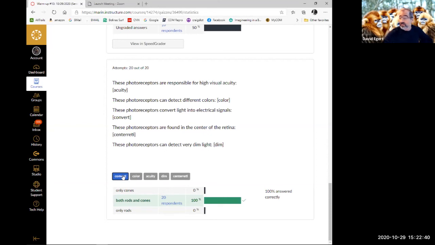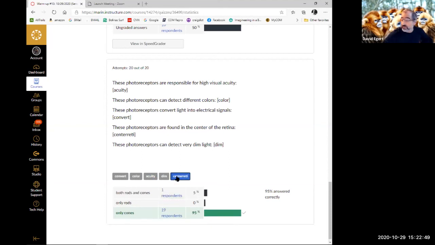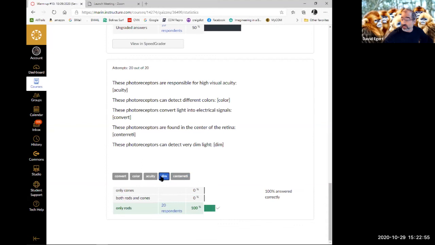Convert light into electrical signals. That's both of them. They're both phototransducers. Center of the retina, that's the cones. The rods are on the periphery. And finally, this is the one everybody got. Only rods can function in very dim light. The cones need bright light in order to register a signal.